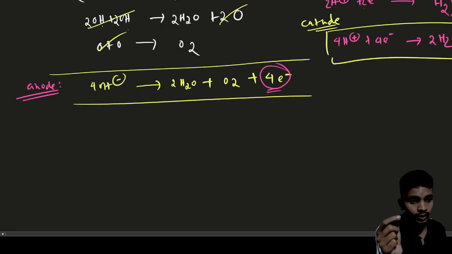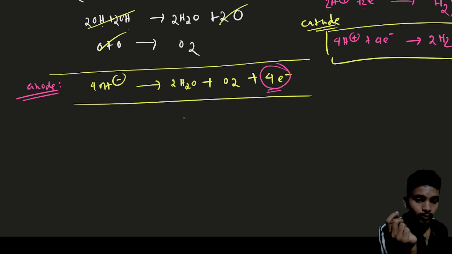So from here we can memorize that, because we always need to calculate. For production of 1 mole of O2 we need 4 electrons.